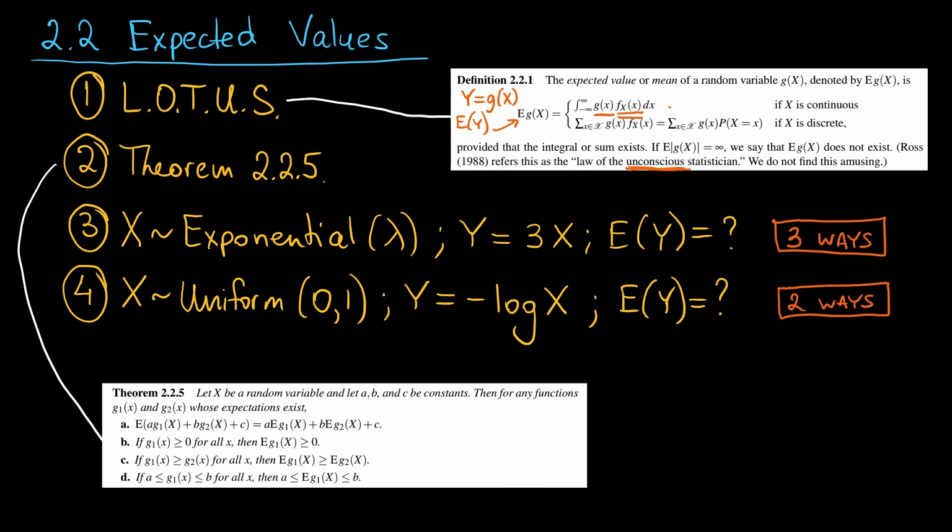So it's no surprise that we can express the probabilistic nature of the random variable y in terms of that of x. So it's no surprise then that we don't need the PDF of y, and we can just use the PDF of x here. And it's the same story if x is discrete.